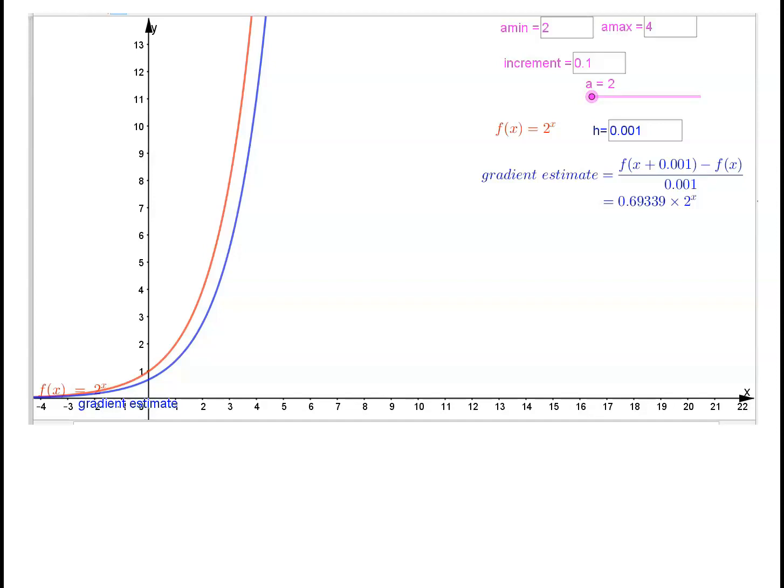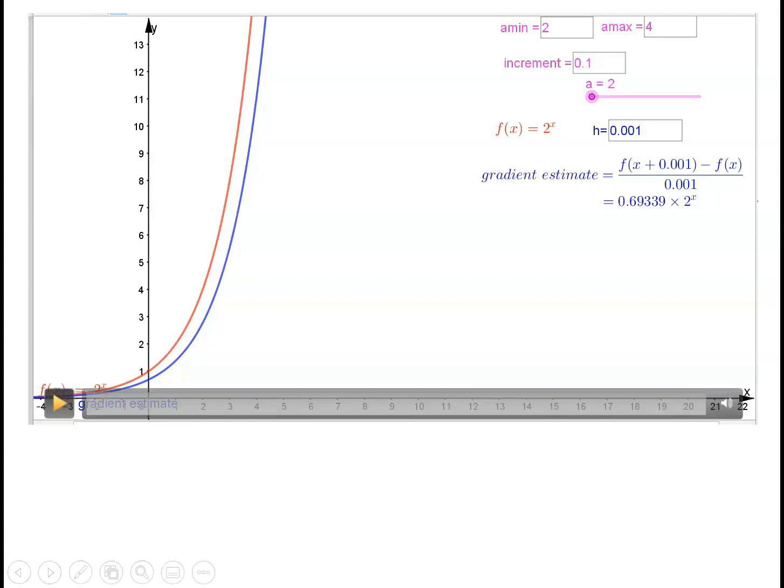And a little bit of algebra, like the algebra that we did at the end of the previous video, will show us that the equation of the gradient estimate is 0.693 times 2 to the power x.